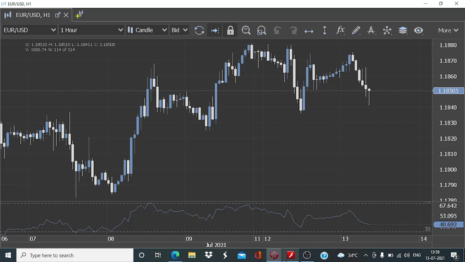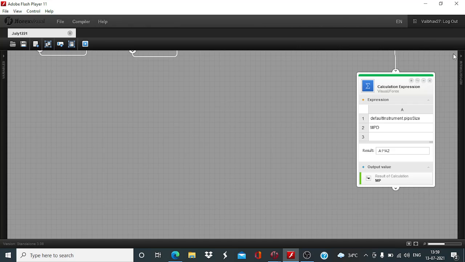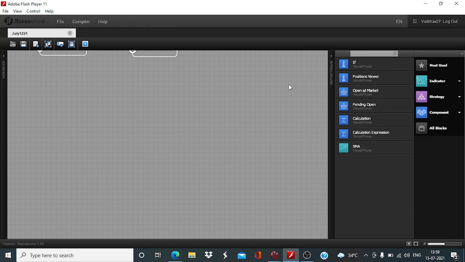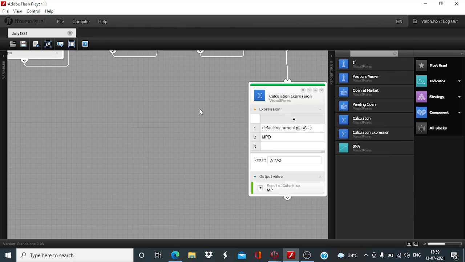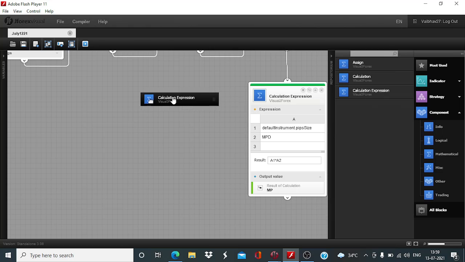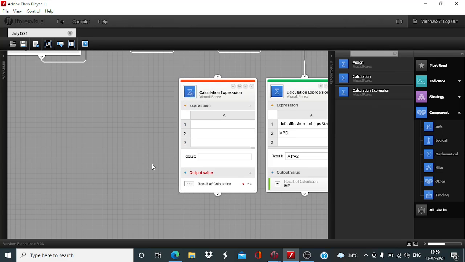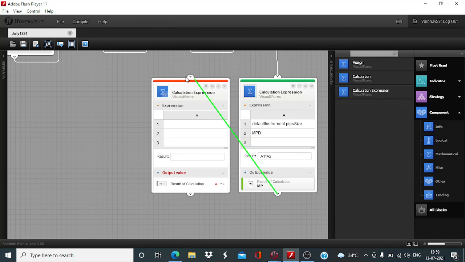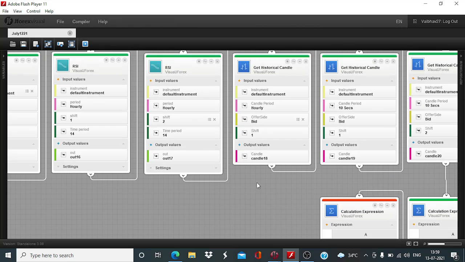So now we go back to the Visual JForex board. Here we will consider candle 18's closing and opening difference.